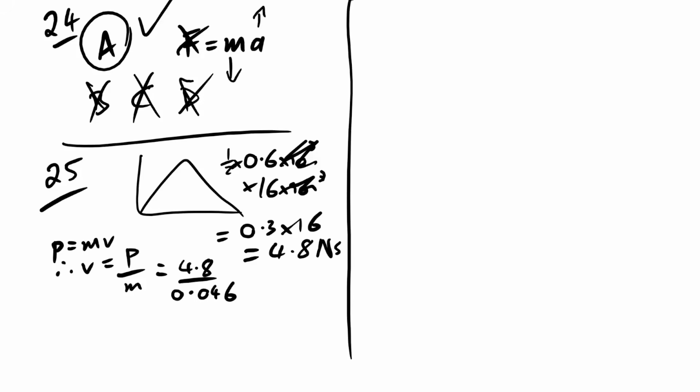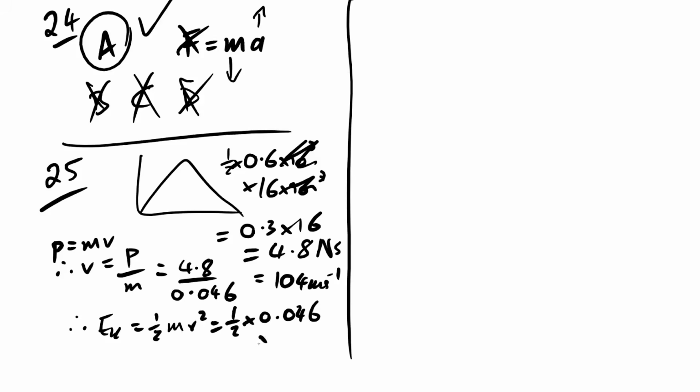Which makes sense for the kind of speed that we would get for a golf ball. And so therefore EK is equal to half mv squared, so it's equal to half times 0.046 times 104 squared, but it's just an estimation, so we don't care too much, and we end up with about 250 joules. So our answer is C.